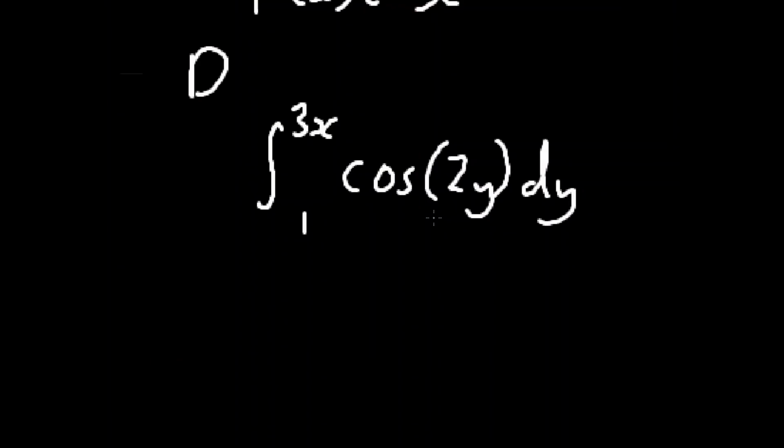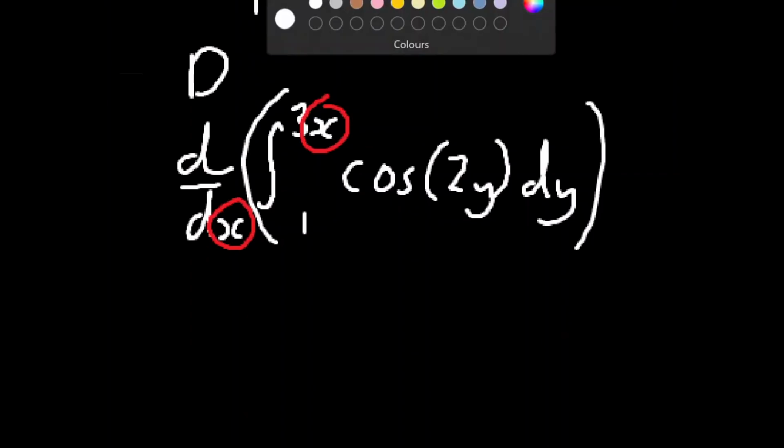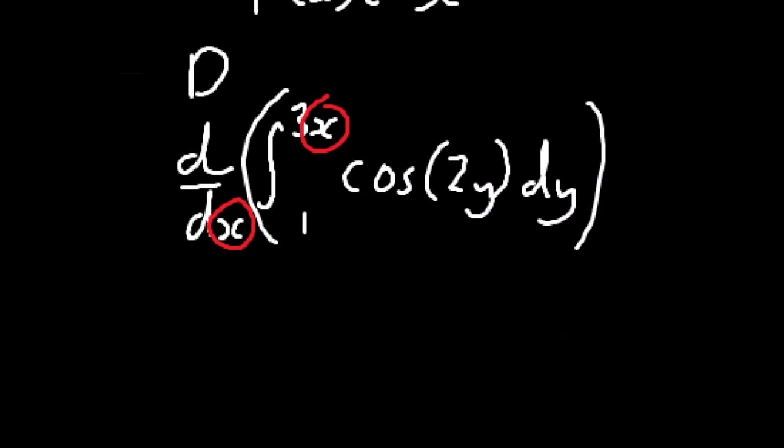And then we're trying to find the derivative with respect to x. So hopefully you can see what happens there. Using the same thing as before, we can see that the constant doesn't matter. The constant of that 1 doesn't do anything. When we differentiate it, it goes to 0.